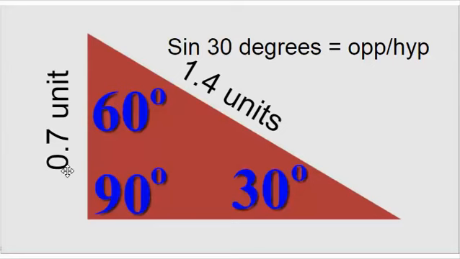If the length of the opposite side from the 30 degrees is 0.7 units long, they can be feet, they can be miles, they can be inches, they can be yards, they can be millimeters, doesn't matter. Whatever this unit is, and this is the same unit over here, it will always be twice if we're talking about a 30-degree angle.